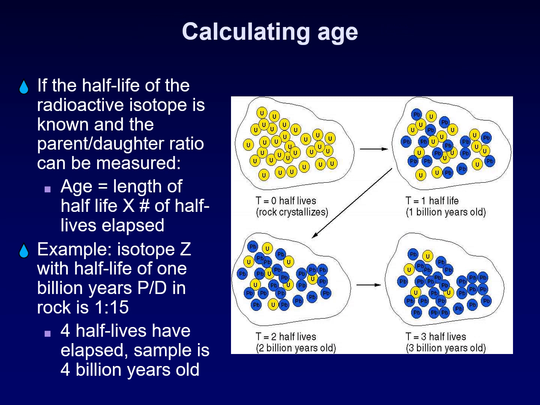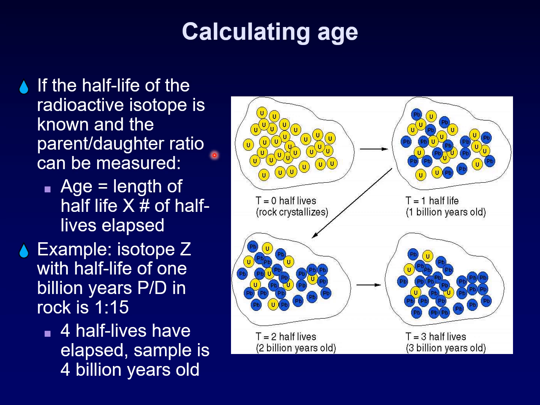So here's how we use all of that to calculate the age of a rock, or a mineral contained within a rock. If we know the half-life of a radioactive isotope, and we do for a number of them, and we know the ratio of the parent to the daughter, and it can be measured, then we can calculate the age of the rock. Basically, the age is equal to the length of the half-life.